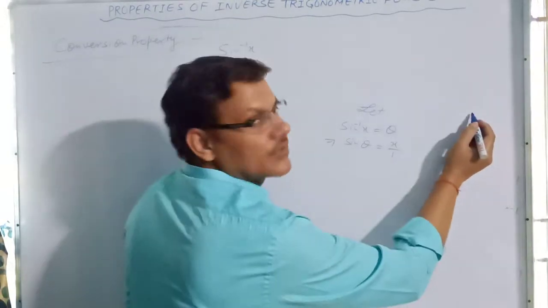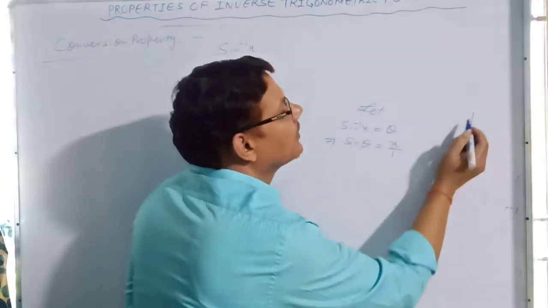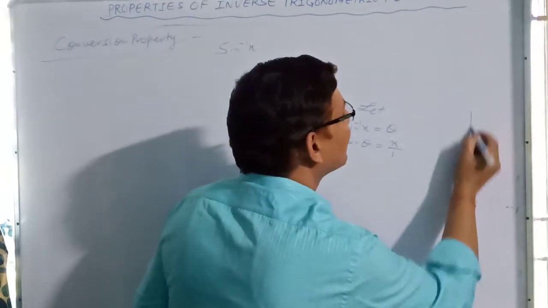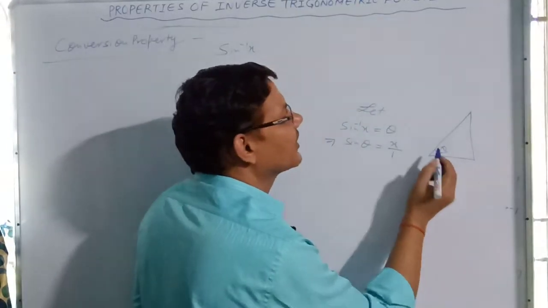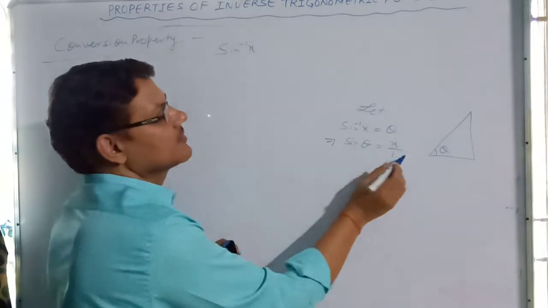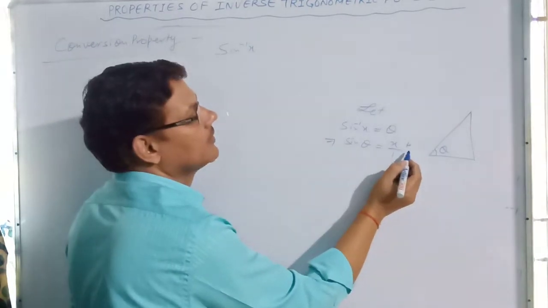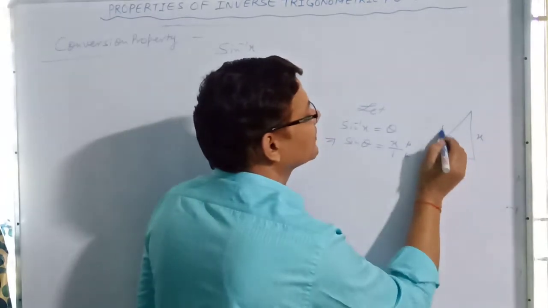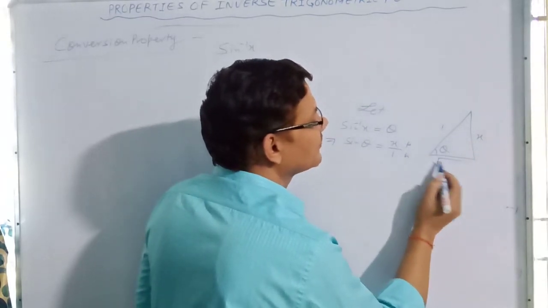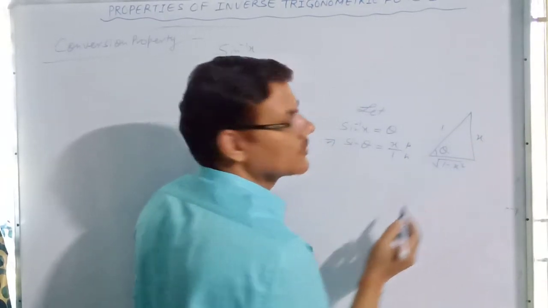Now in this triangle we take this angle as theta. So this is the perpendicular, and this is the hypotenuse. It is x, it is 1. So by Pythagoras theorem we get the base as root over 1 minus x square.